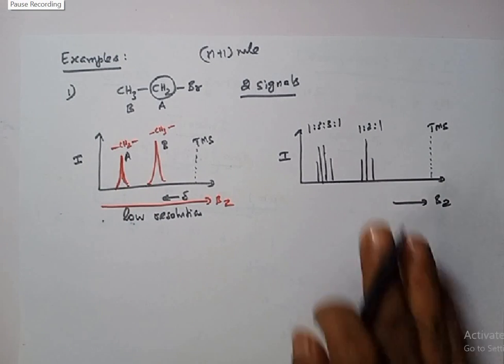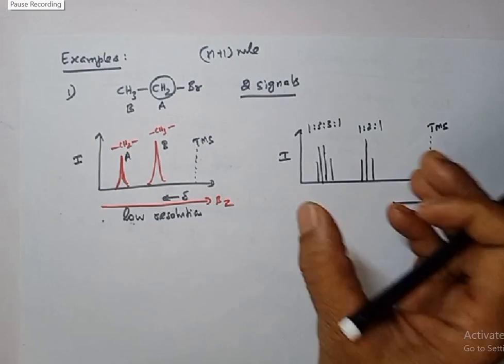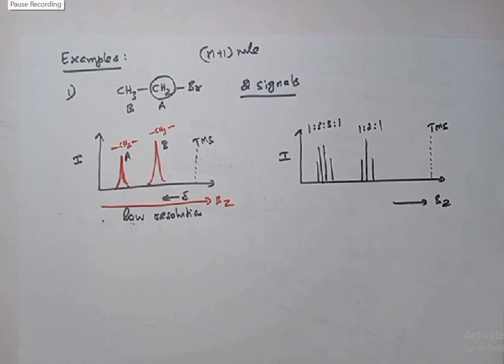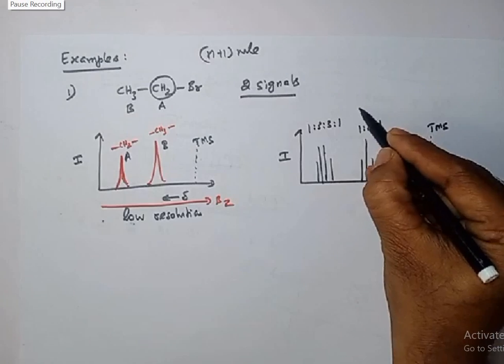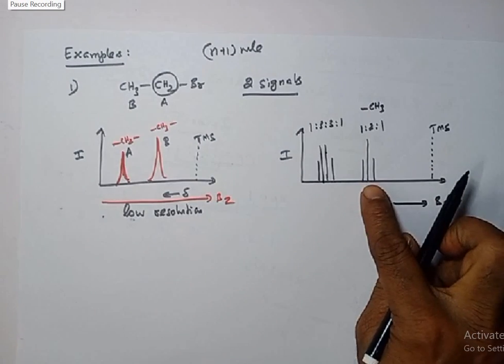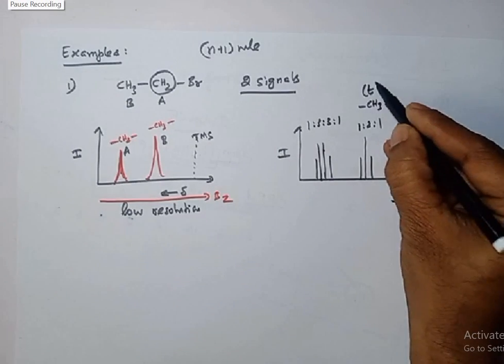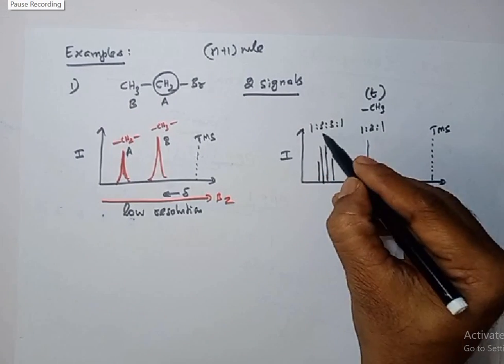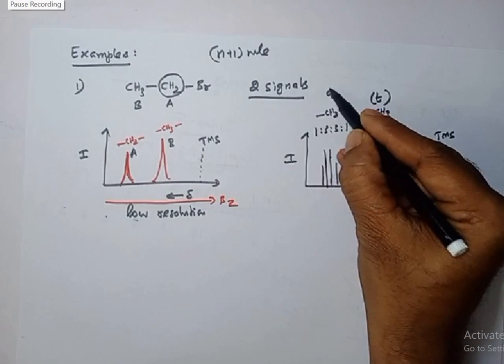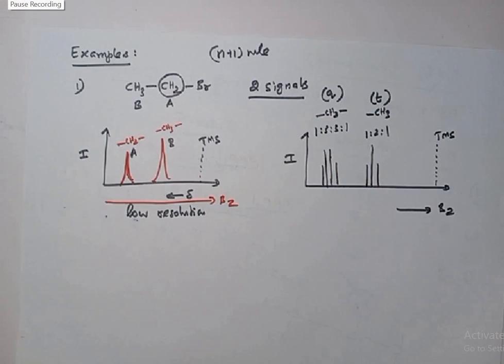Okay, so this is how the NMR signal appears in the high resolution. CH3 methyl proton appears as a triplet, and methylene proton, CH2 proton, appears as a quartet. Okay.